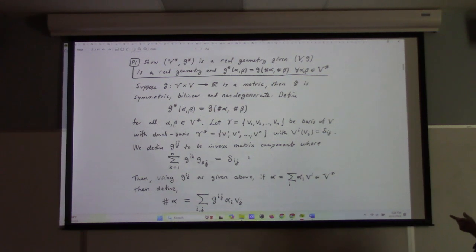I saw some of you showed symmetric and bilinear, but ignored the non-degenerate. That's a partial solution, but actually I don't know because you haven't turned this in yet. Enough. Where was I?